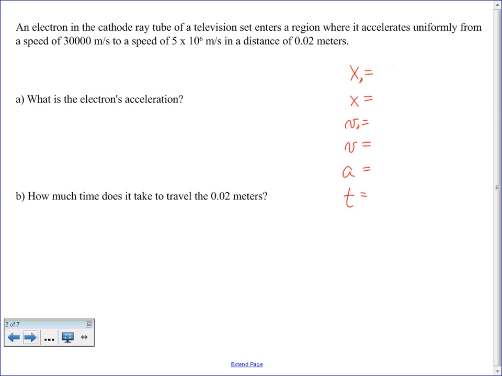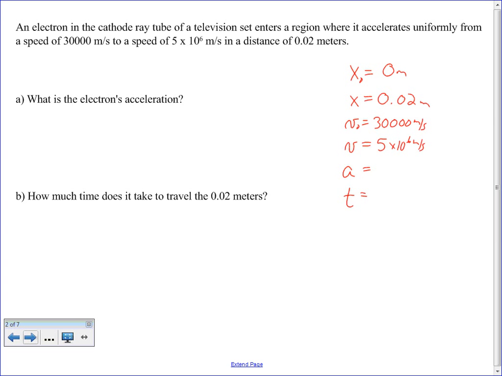And in this problem, the particle is starting at a position of 0 meters, and a little bit later, it's at a position of 0.02 meters. This electron is starting with a velocity of 30,000 meters per second, and a little bit later, it has a velocity of 5 times 10 to the 6th meters per second, 5 million meters per second.